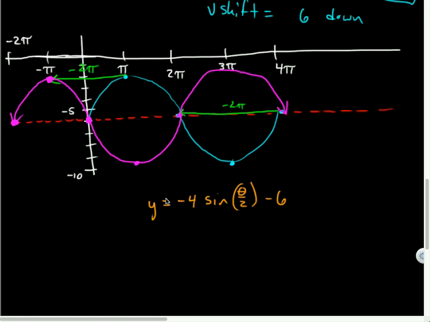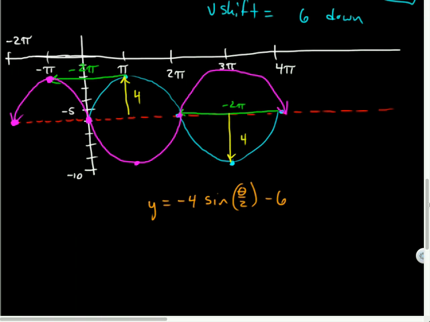But anyways, I recommend doing all of the transformations except the horizontal shift, which I do last. Having the midline is definitely helpful. And then knowing the amplitude, that this went up 4 and down 4, and that the period was still -2 pi to 2 pi, which is 4 pi units.